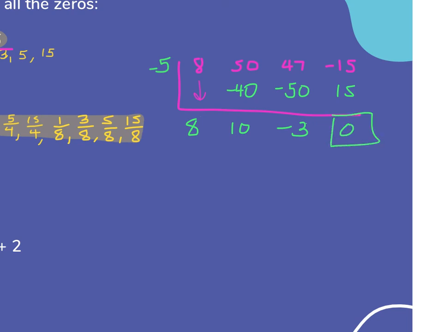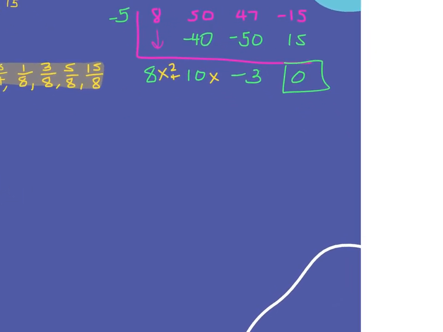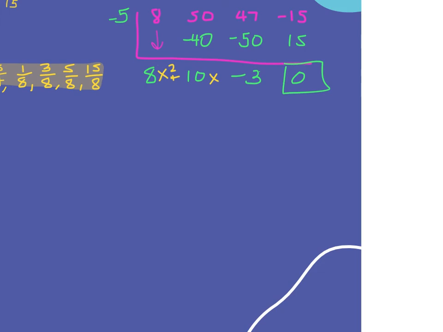So now my goal was to reduce it a degree, which I just did. This is now 8x squared plus 10x minus 3. From there, again, it's quadratic, which means you can either factor it or you can use the quadratic formula. So let's see, 8x squared plus 10x minus 3. If I multiply first times last, I get negative 24.